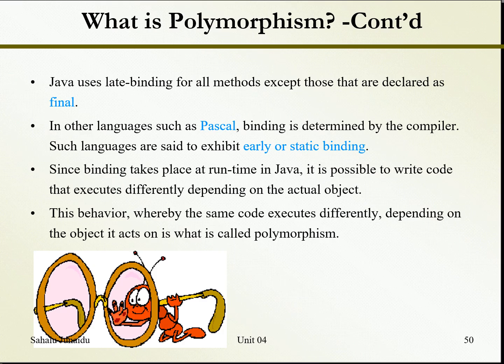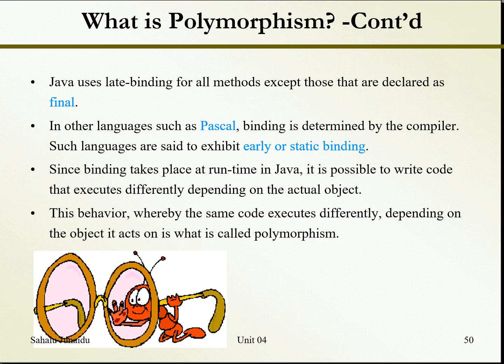So yes, we can. Java supports this late binding, but whenever a method is final, there is no way it can be late bound. Final methods normally associate at the point of compilation, not at running time.